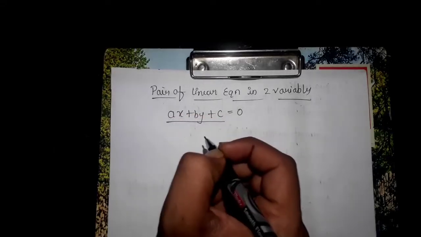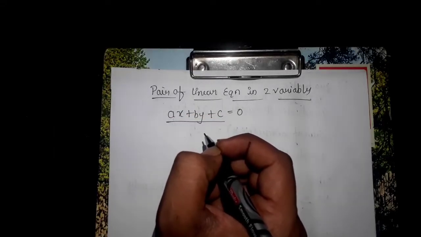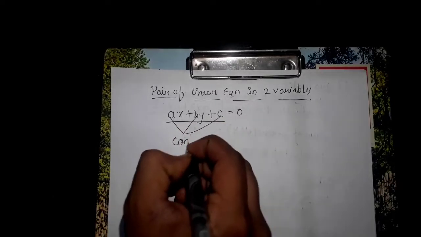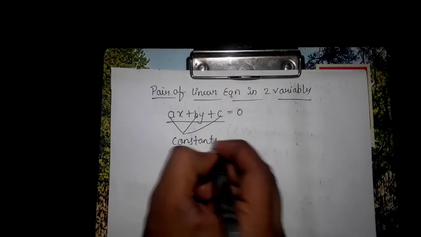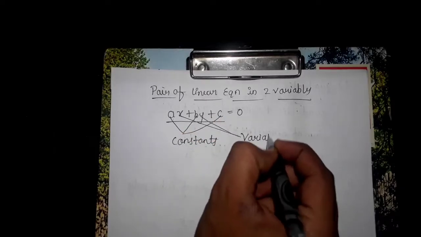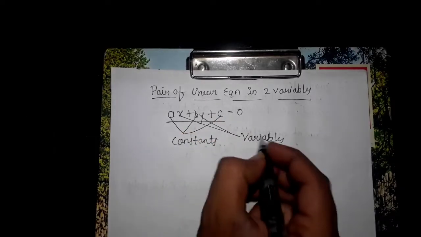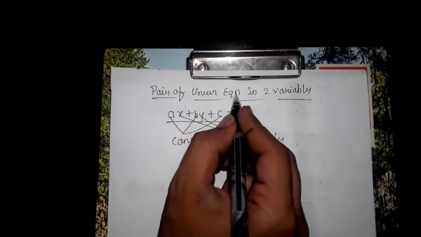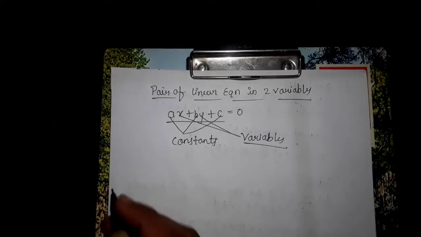This is the linear equation in two variables. Here a, b and c are constants and x and y are variables. Since this equation has two variables x and y, therefore this is called linear equation in two variables.